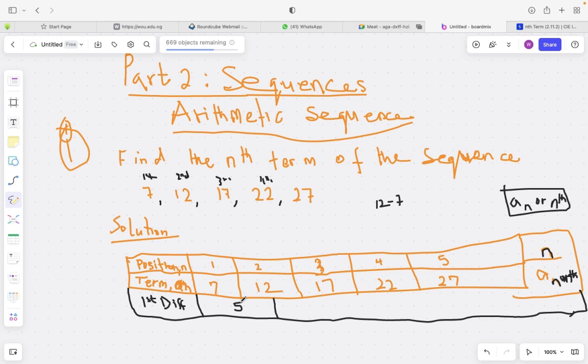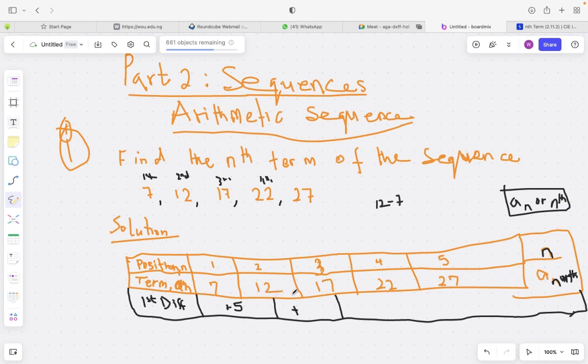So the first difference is 5. If you like, you can write plus, but whether or not, you already know it's positive 5. Then the difference between the third and the second, you do it again. We're using another method, not the one we used in part 1. We'll show you another way to do this arithmetic sequence.